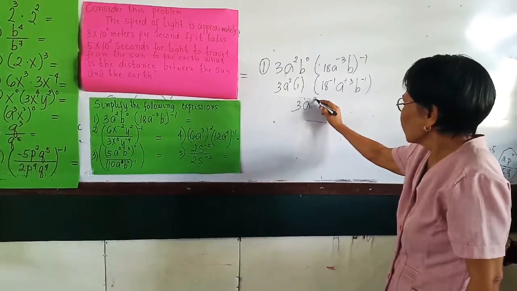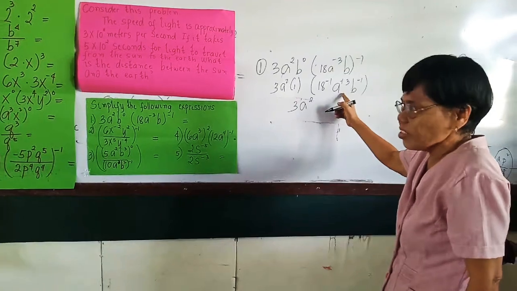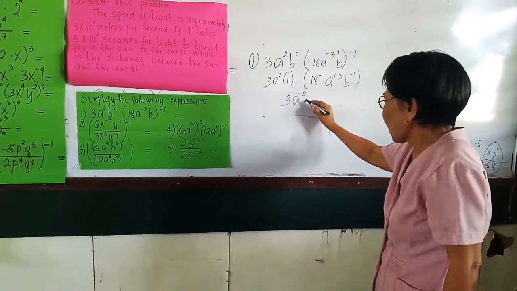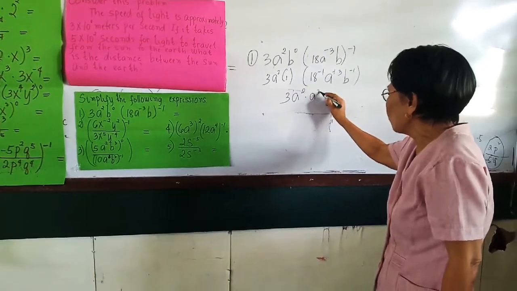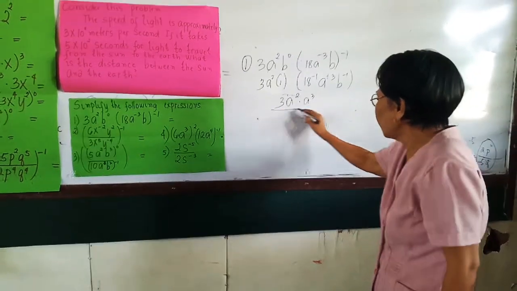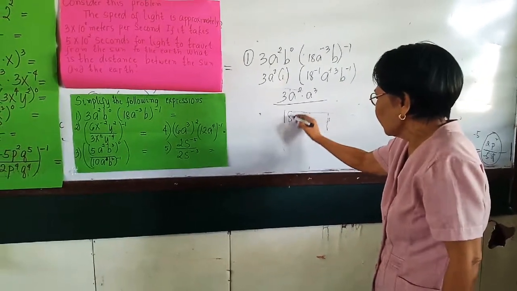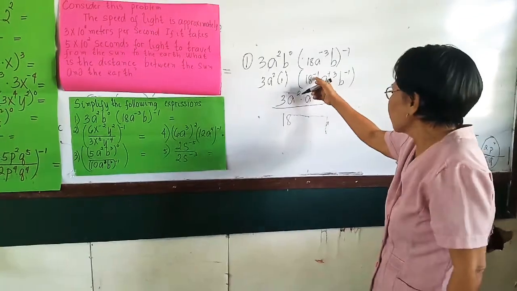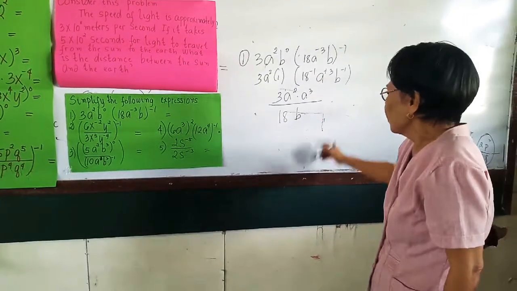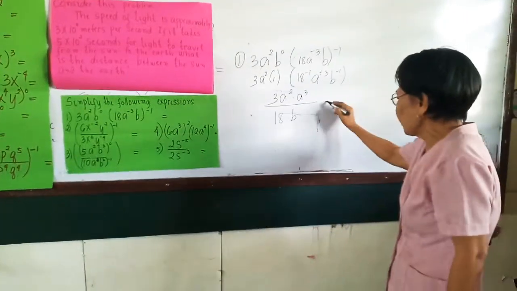3a is squared, so there is another a here, so times a cube over 18. Eliminate the negative sign and b. So there is no negative sign here.